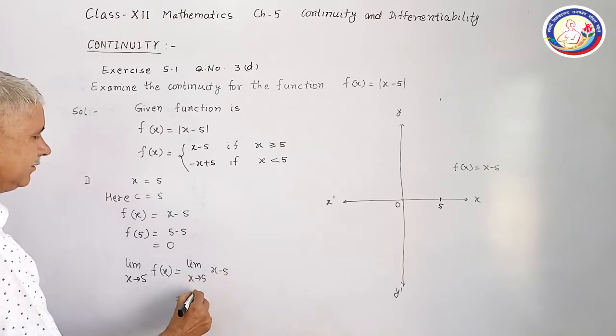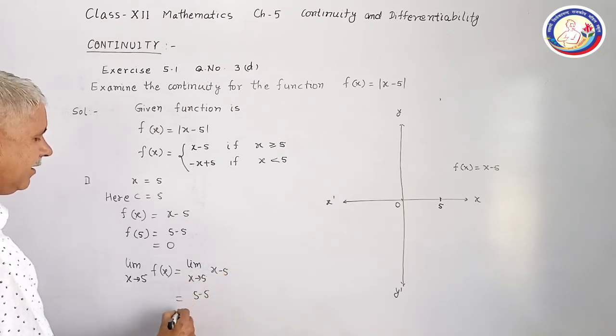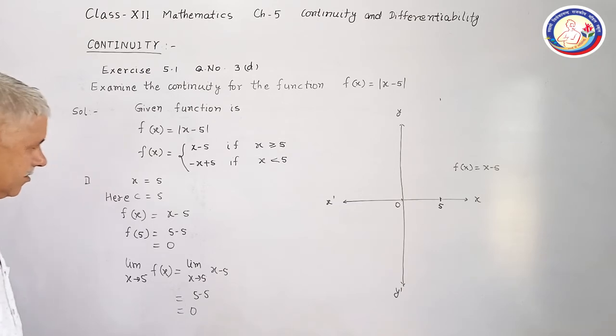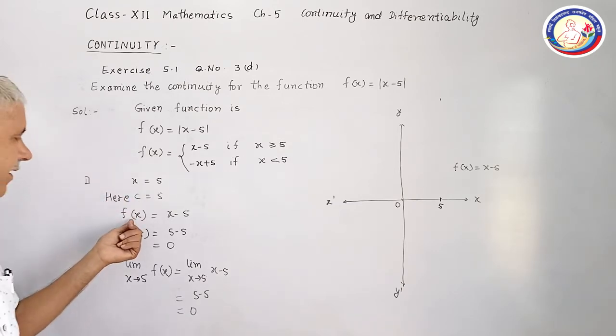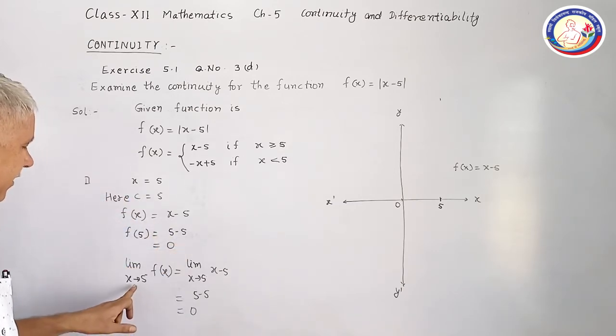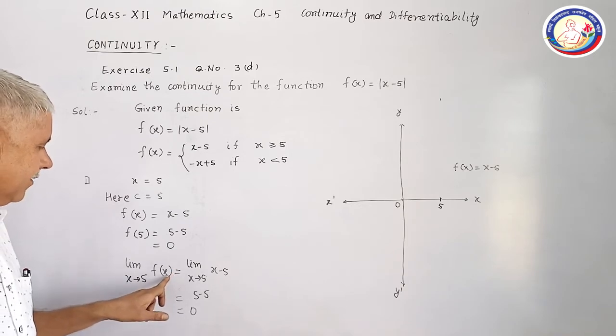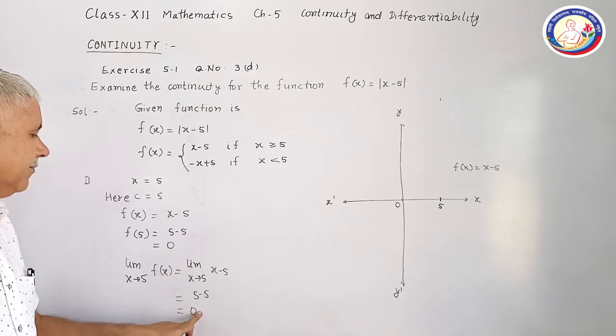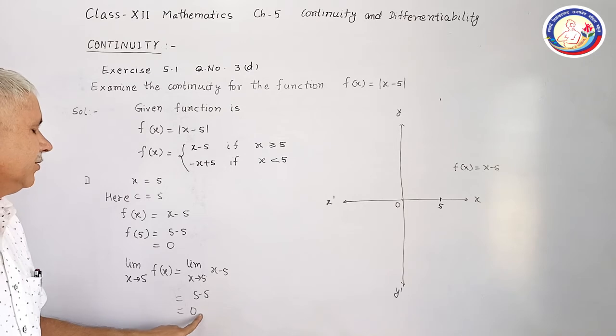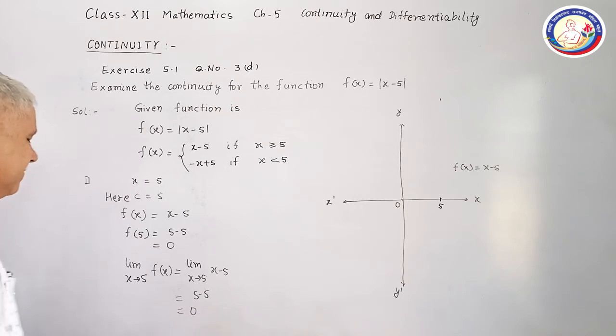That is 5 minus 5, again it is 0. So the value of the function at 5 is equal to the limit at 5 when x tends to 5. It means the function is also continuous at x equal to 5.